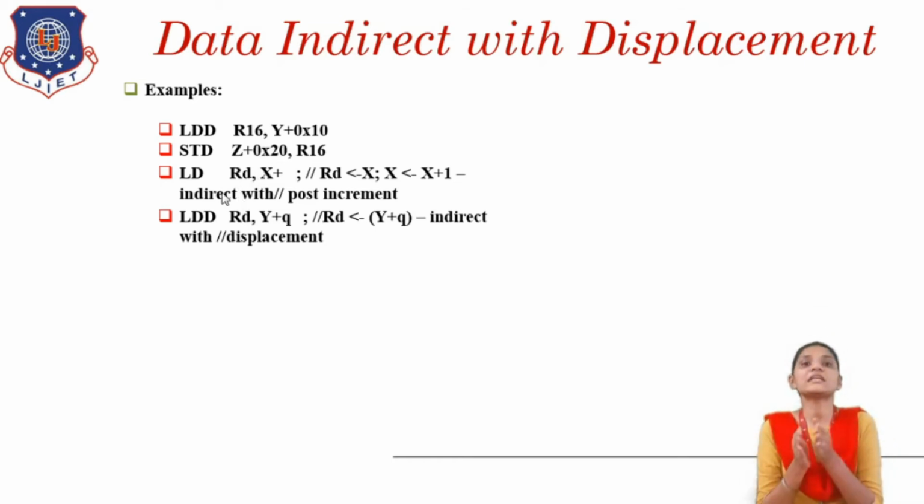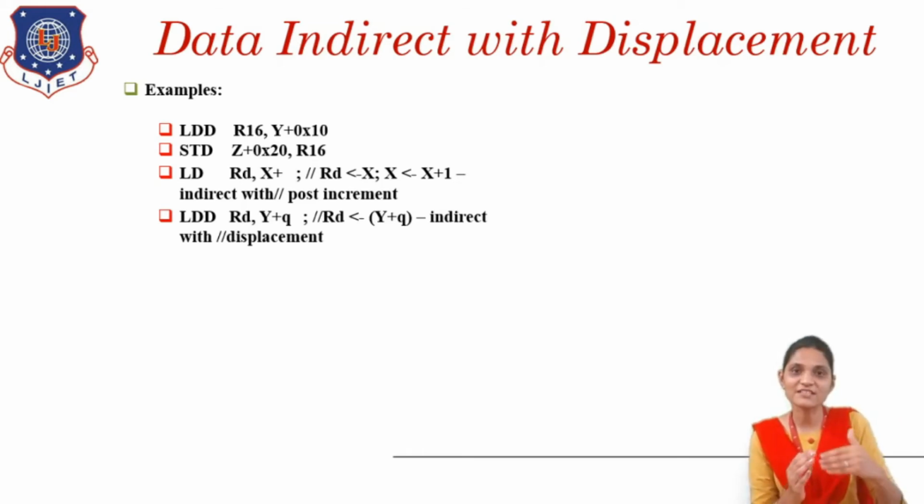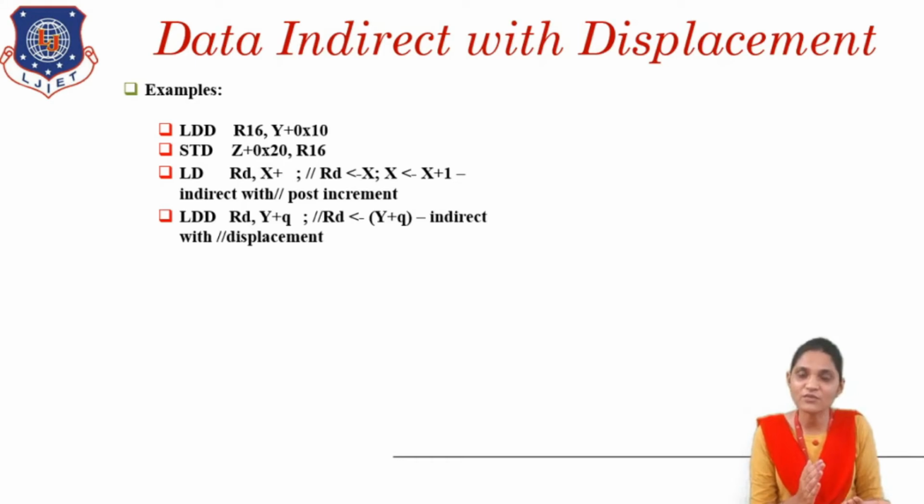After storing that data, the content of the X register is going to be incremented by 1, that is, registers 26 and 27 combined are incremented by 1. So next time whenever you access the location X, your address is already incremented by 1, and you will access the next address.